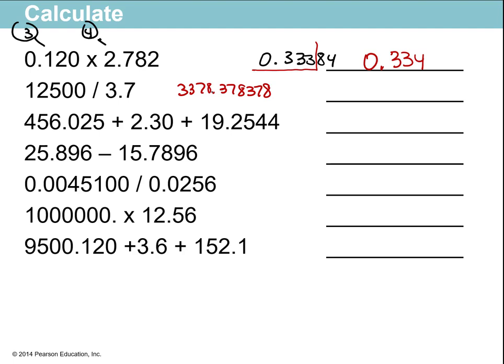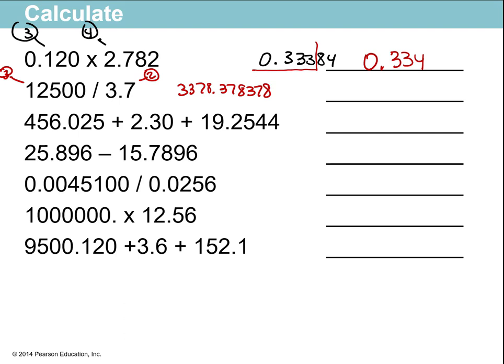You're like, so how do I know what to round that to? Look at the problem. 12,500, how many significant figures? 3. Zeros at the end don't count because there's no decimal. But then 3.7 has 2. So that tells me my answer needs to be rounded to just 2.